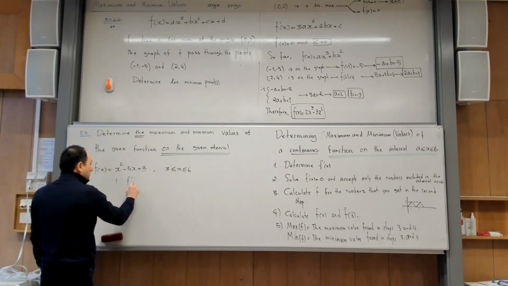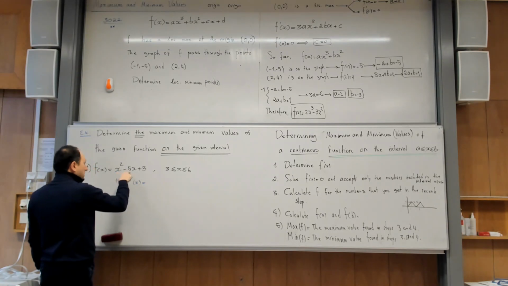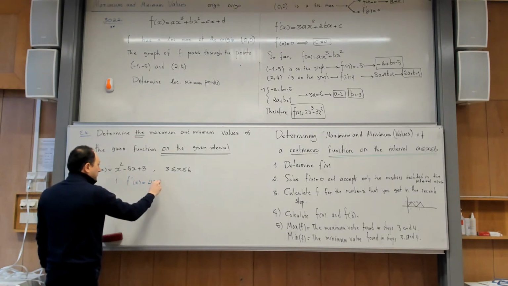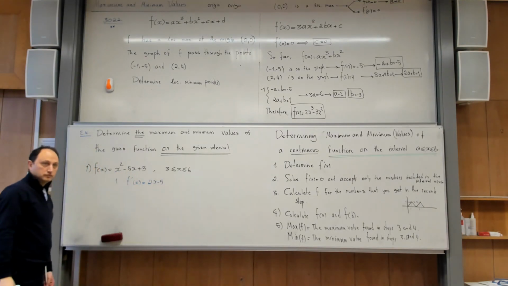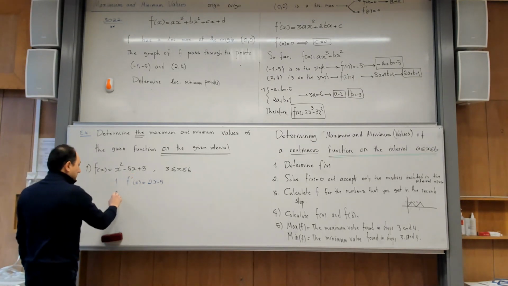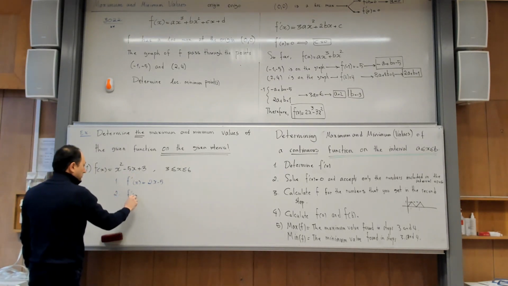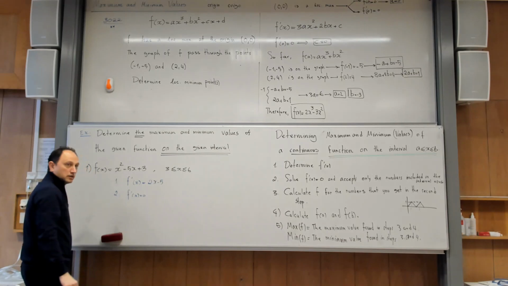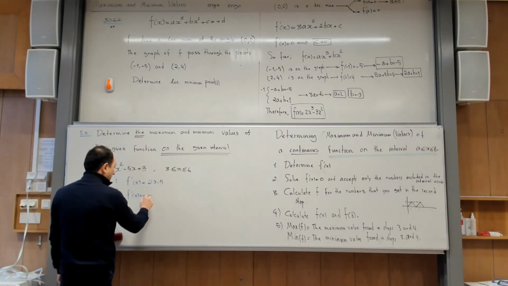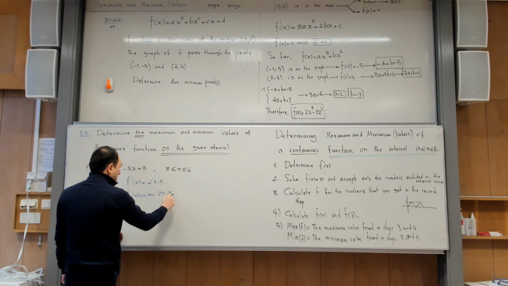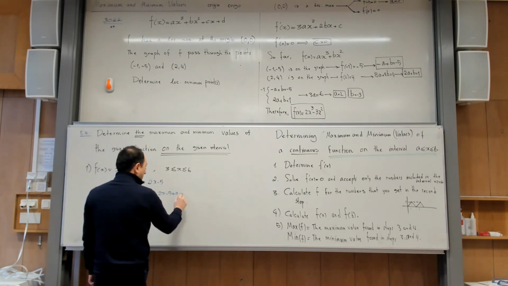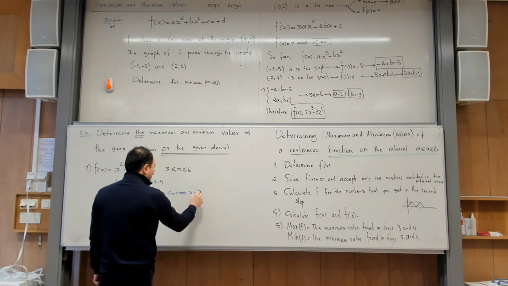So f prime of x is what? 2x minus 5. Number 2, put it equal to 0. Then what happens? 2x minus 5 is equal to 0. What do you get? You get x is equal to 5 over 2.